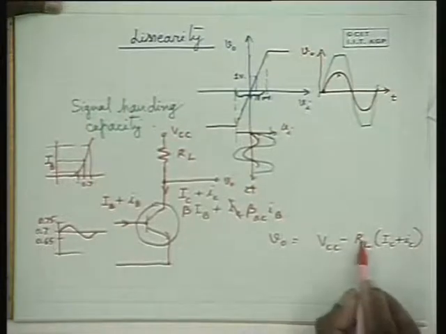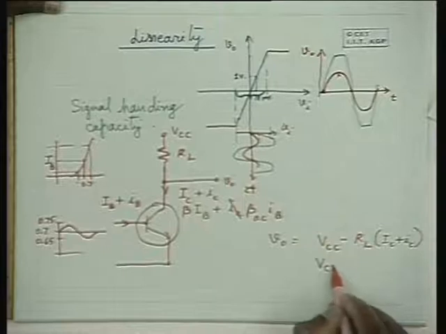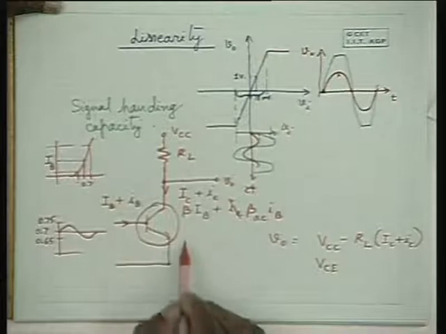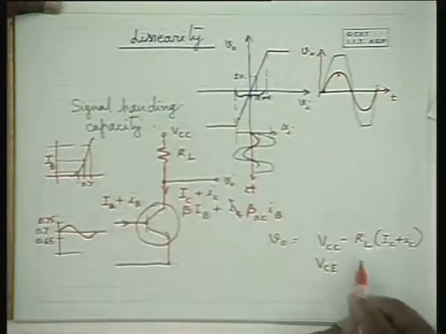And VCC minus RL into IC is that fixed, biased VCE. Right? VCC minus RL into IC is that biased VCE.